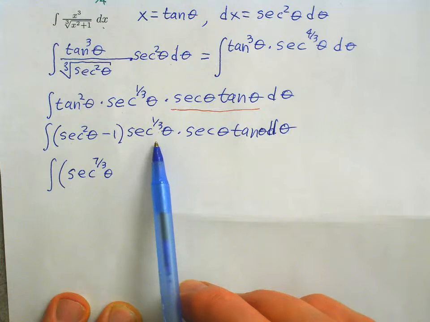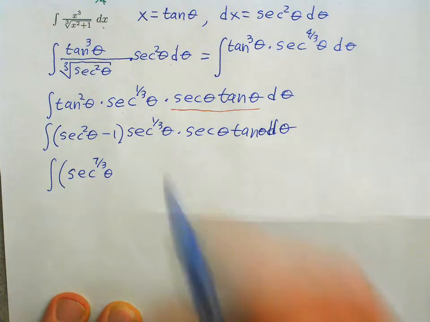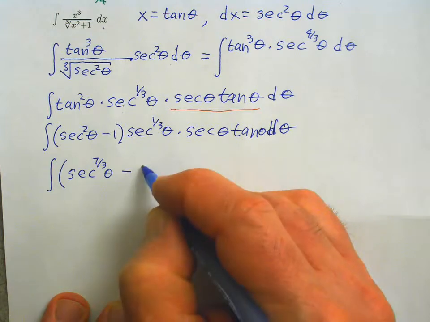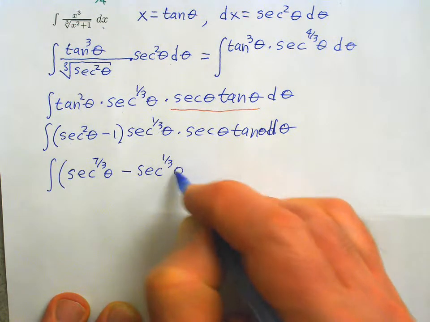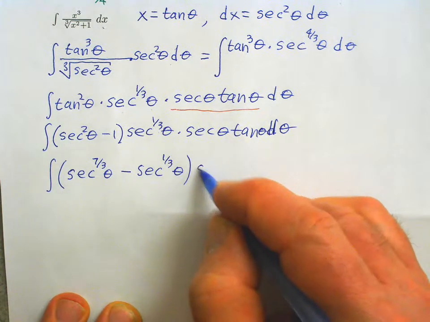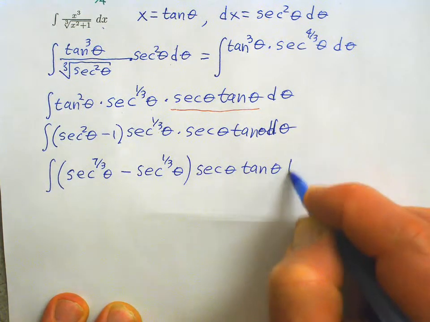So when we multiply that by secant of theta to the 1/3, we get secant of theta to the 7/3, and then minus secant of theta to the 1/3 times 1, and then multiplied by secant of theta tangent of theta d theta.